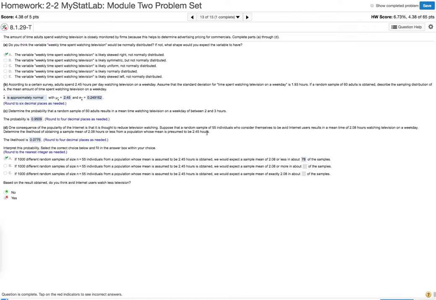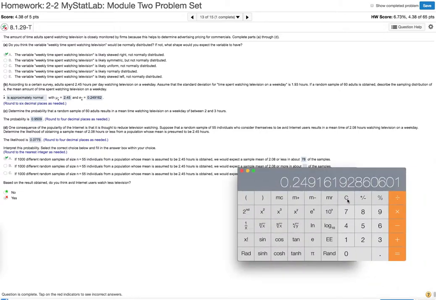So we're using this mean and this standard deviation, but we're going to have to calculate the standard deviation for the sample. So here what we can do is, let's go ahead and calculate the sample standard deviation by doing 1.93, which is the standard deviation, and then we're going to divide it by the square root of the sample size.